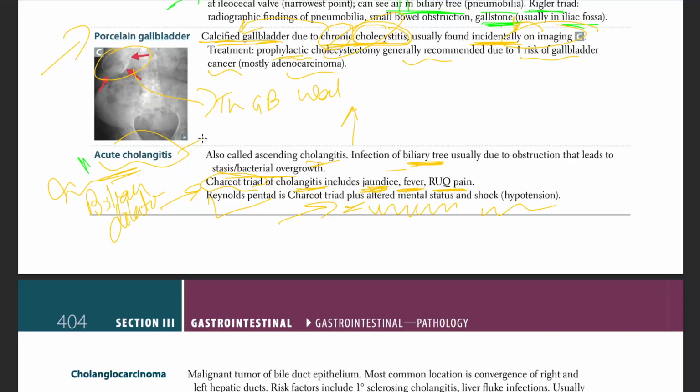And all you have is, in acute, ascending cholangitis, infection of the biliary tree. Why would you have an infection? Because of the obstruction that led to stasis or bacterial overgrowth that caused the infection, and infection is now going up and up. Ascending cholangitis. You can have a Charcot triad in which you have jaundice, fever, and right upper quadrant pain. But on the pentad, you can have the Reynolds pentad with altered mental status and shock.